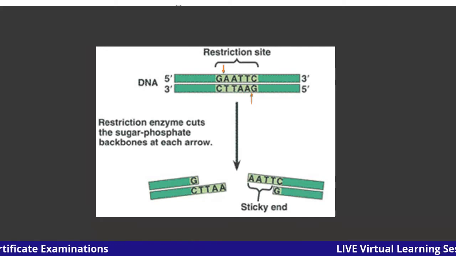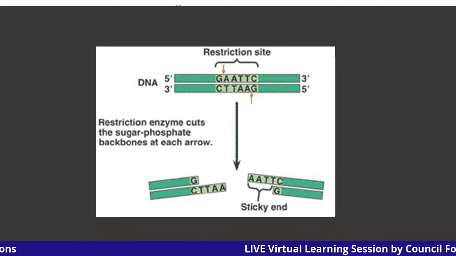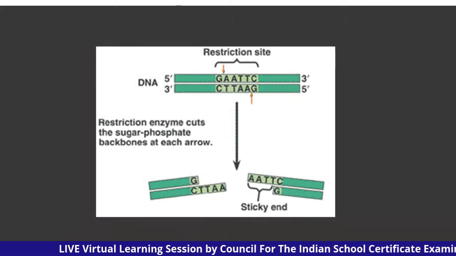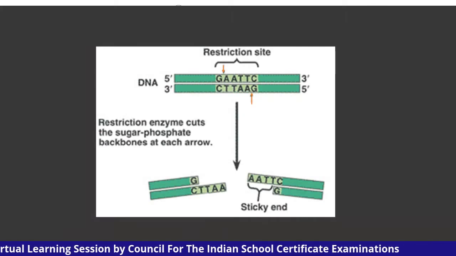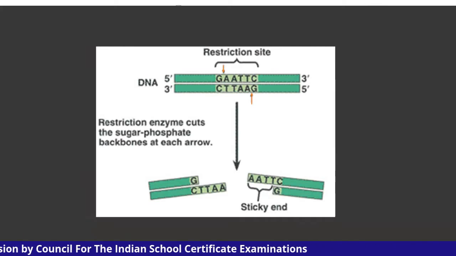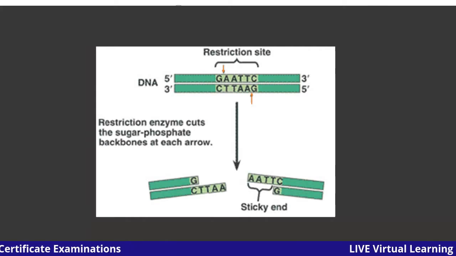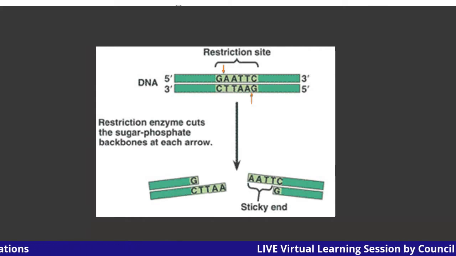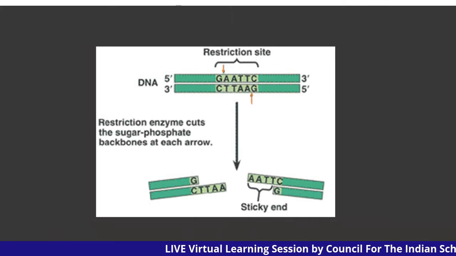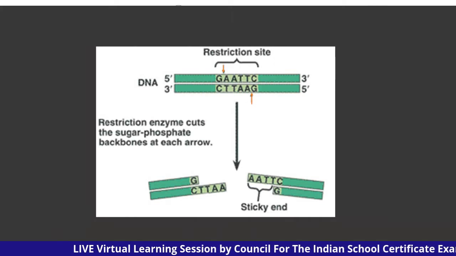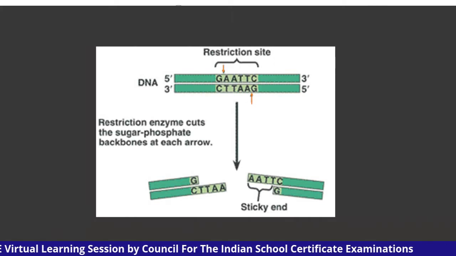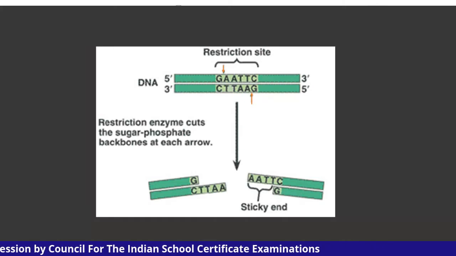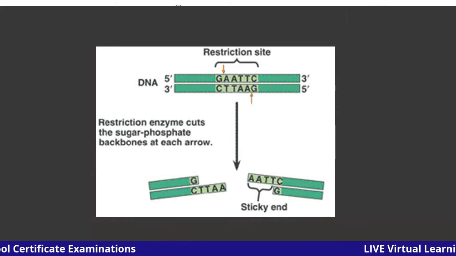Another interesting observation is that this GC is paired, but this sequence TTAA remains unpaired. We call this an overhang. Like in this strand, it is TTAA. This is an overhang of 4 bases. So this extended strand makes the DNA sticky.